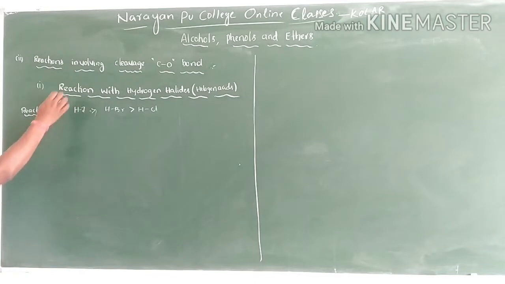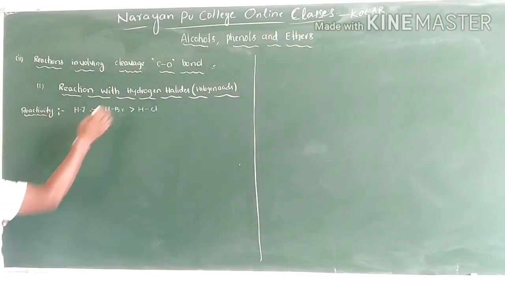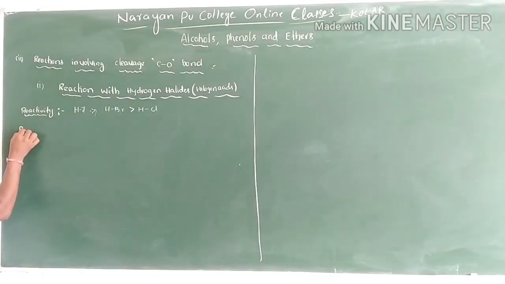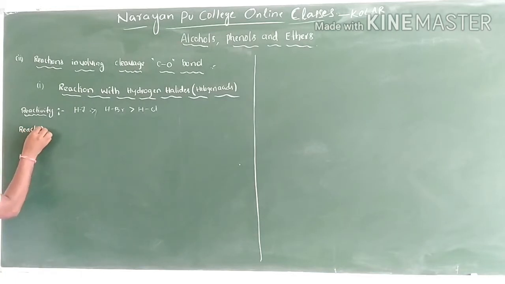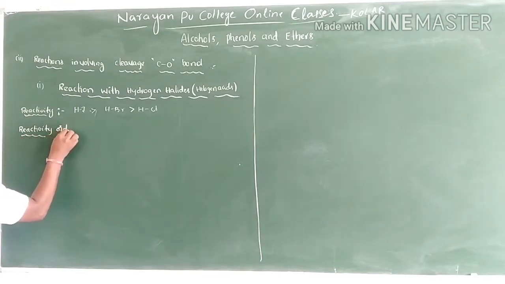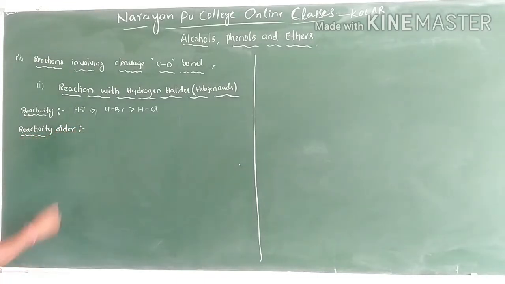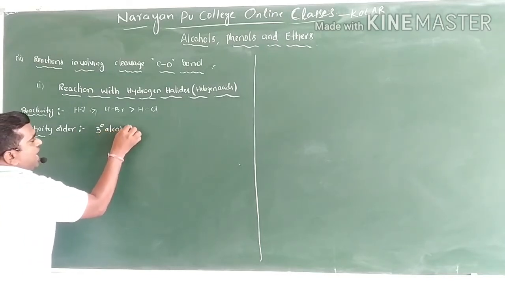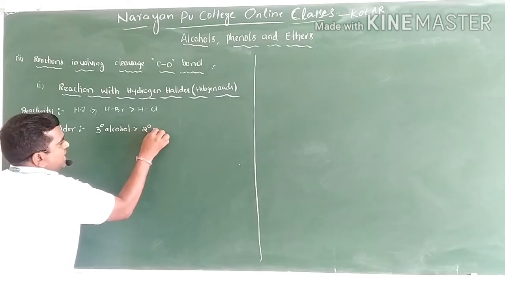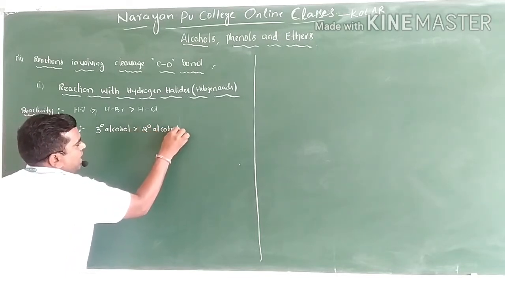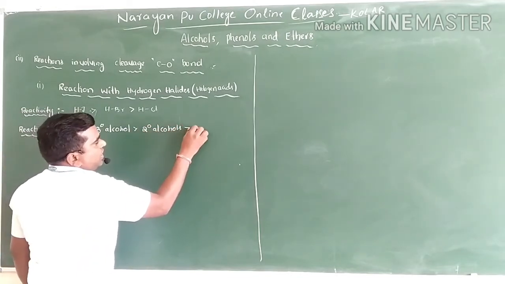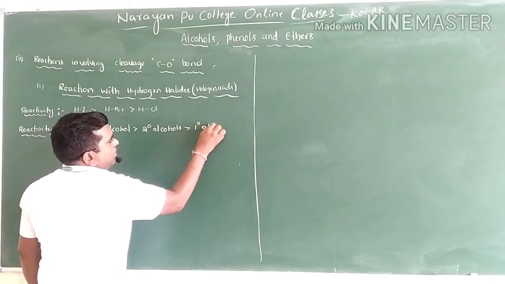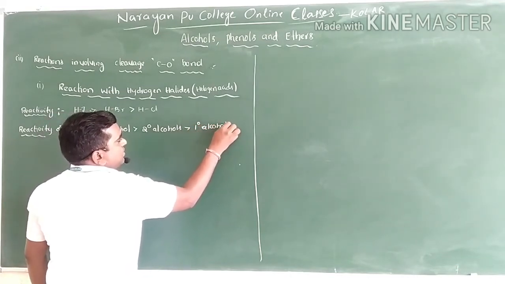And next, it has to react with alcohols. What is the reactivity order of the alcohols here? Tertiary alcohols are more reactive than secondary alcohols, and secondary alcohols are more reactive than primary alcohols.